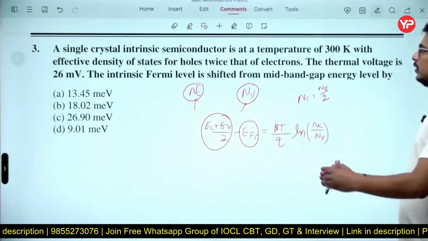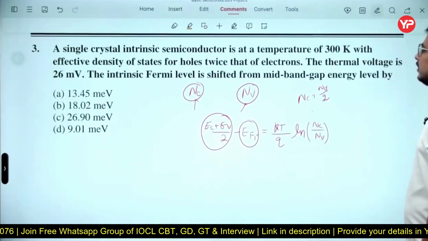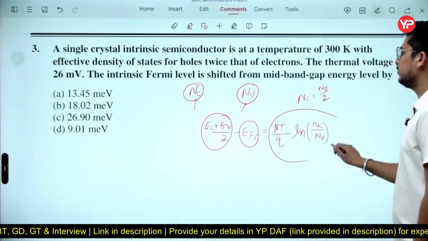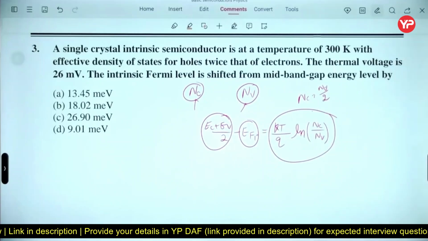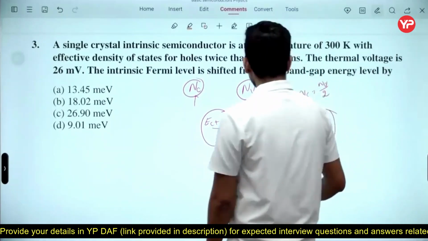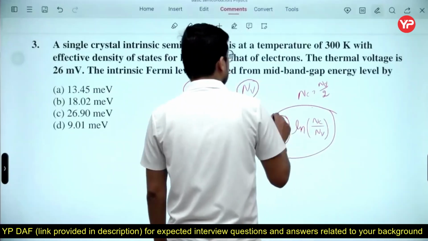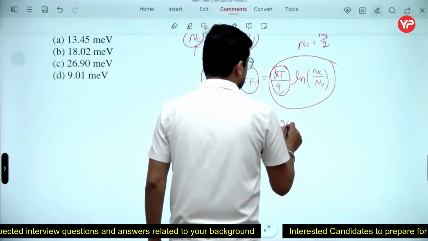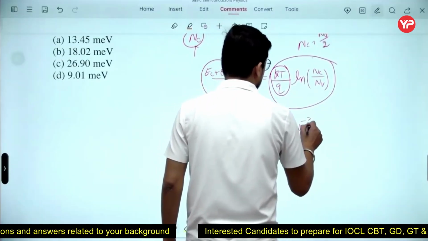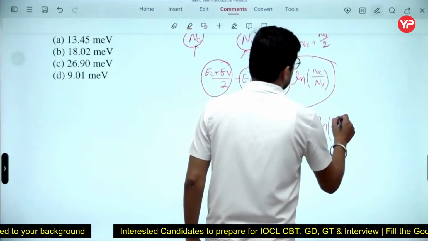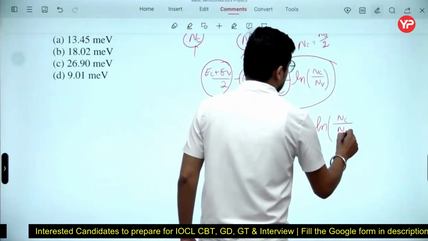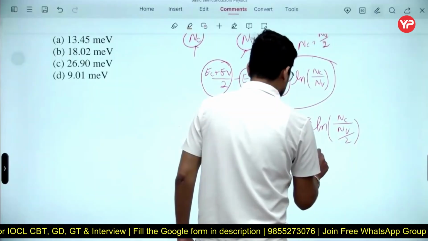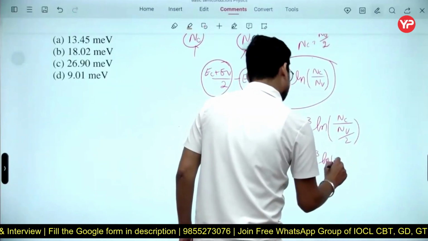So it will give you the shift from the mid-band energy level in the intrinsic semiconductor. That shift will be KT over Q ln NC over NV. KT over Q generally denotes the thermal voltage at room temperature, and this is given as 26 millivolt. Milli means 10 raised to power minus 3.